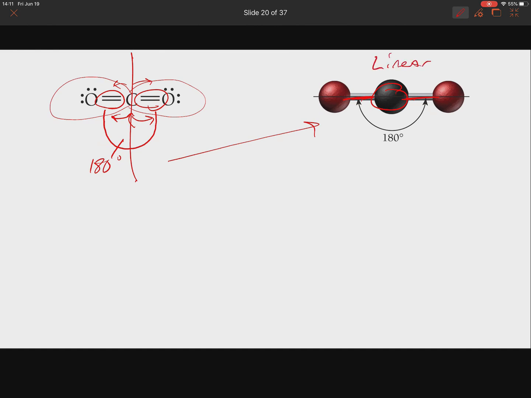And linear geometry is whenever you have 2 electron groups. So this is the case for carbon dioxide. This is the case for selenium dioxide, or selenium disulfide, and for the cyanide ion.